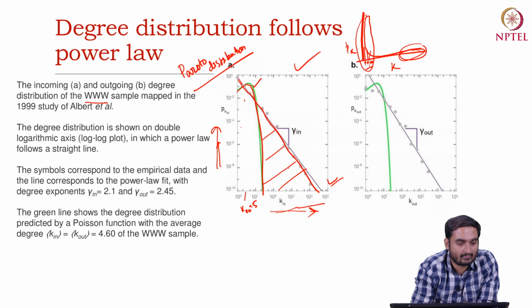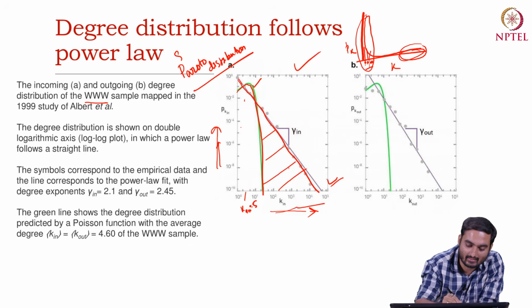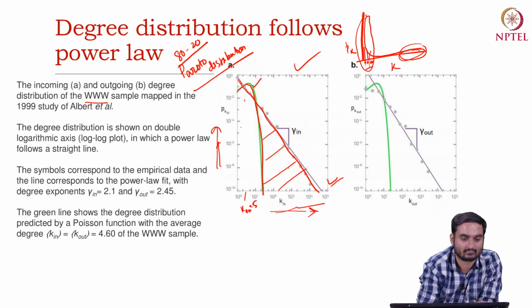This concept was borrowed from social science, where it was said that 80% of the wealth of a society is with 20% of the population, right, and the rest 20% of wealth is with 80% of the population. This is also called the 80-20 law.